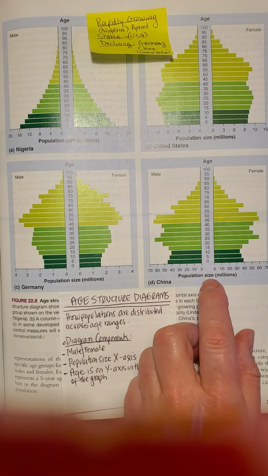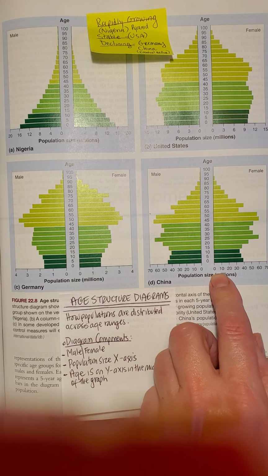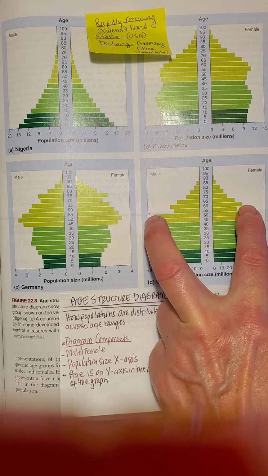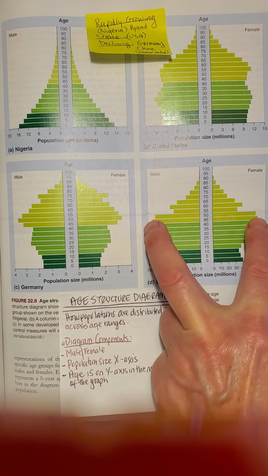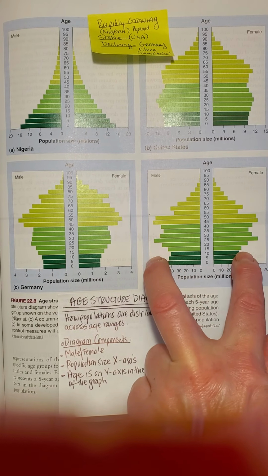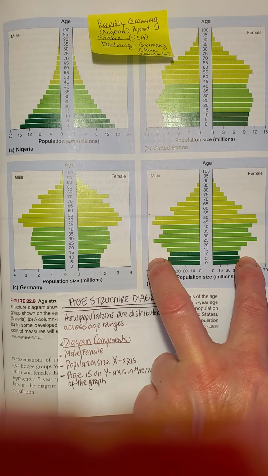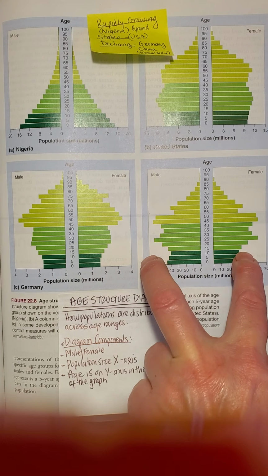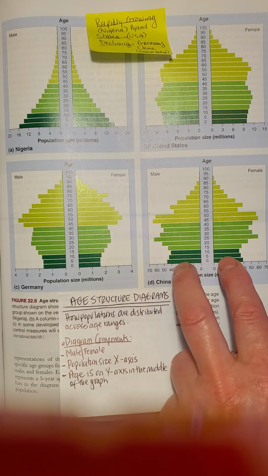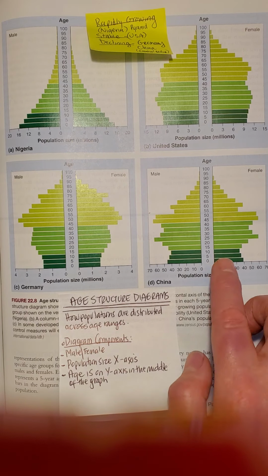And then over here we have China, and we can see that China had a huge population size here. Now remember, we're down here because they lived. So these green bars were once down here. And now what's being replaced is a much smaller population size.